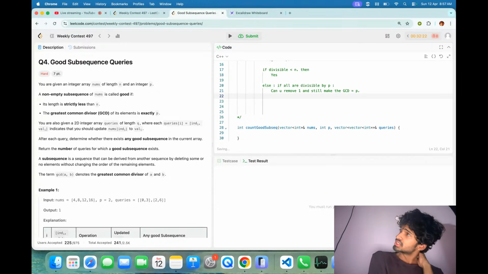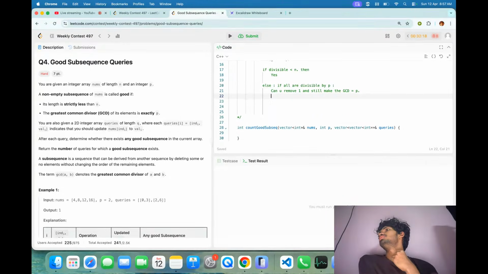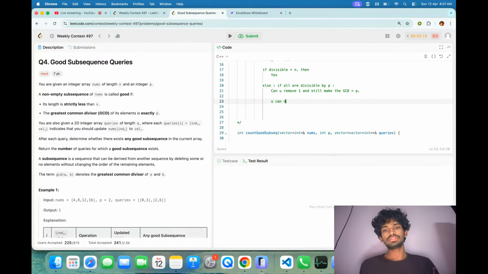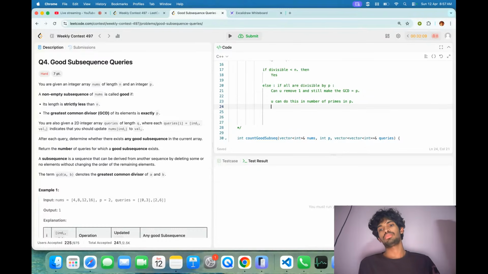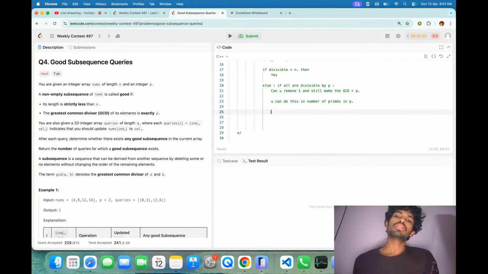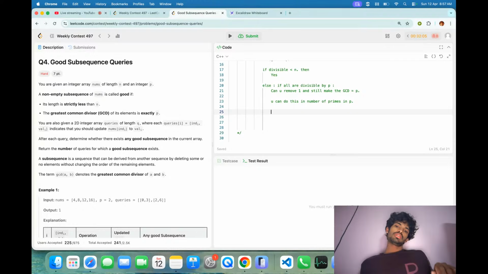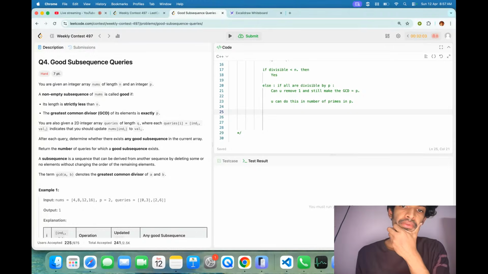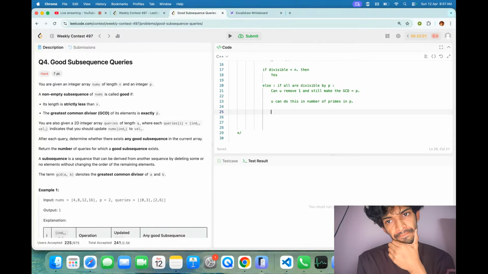This you have to answer. You can do this in number of primes in P because all are divisible, right?